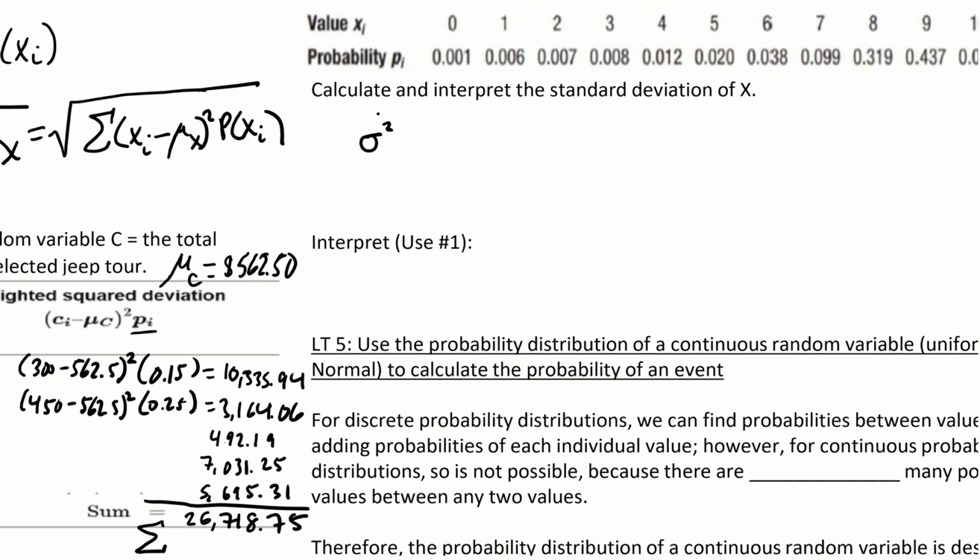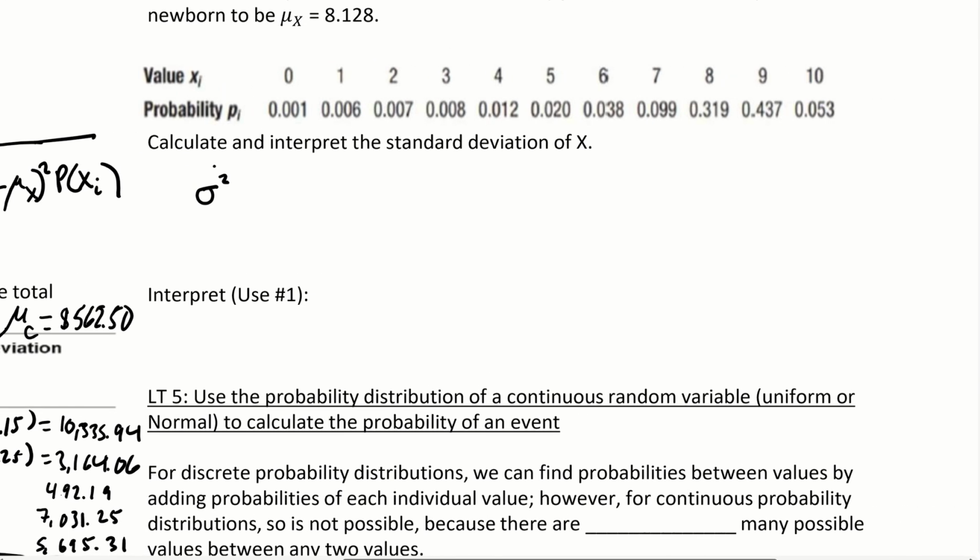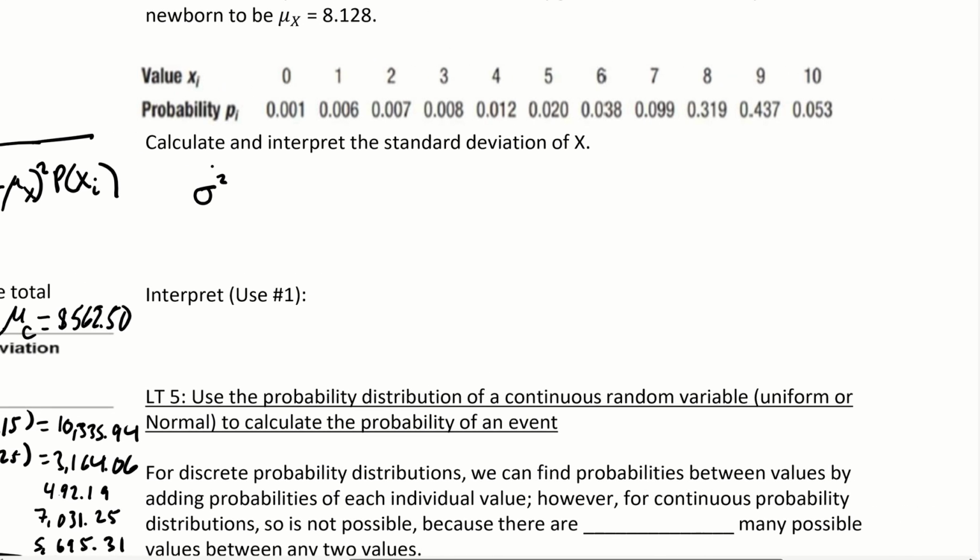So sigma squared. Now you could have done this on the side, on a table, but I don't think you have enough space for a table because there are 10 values here. But you do have enough space to do this on a single line, and then just write dot dot dot. Okay, so here we go. Again, we're doing the deviations. The mean is 8.128.